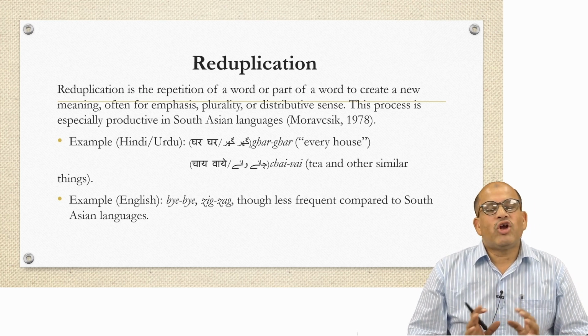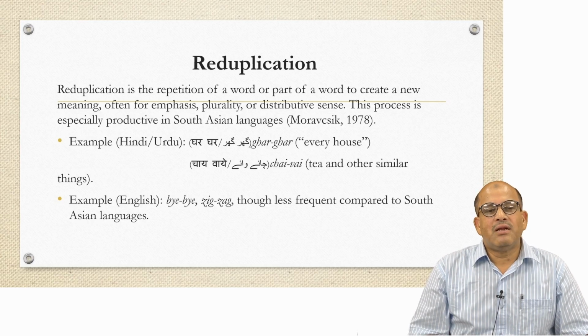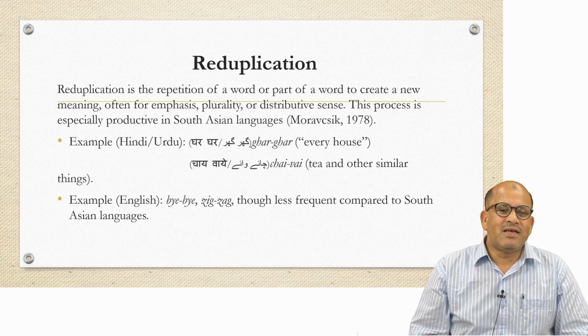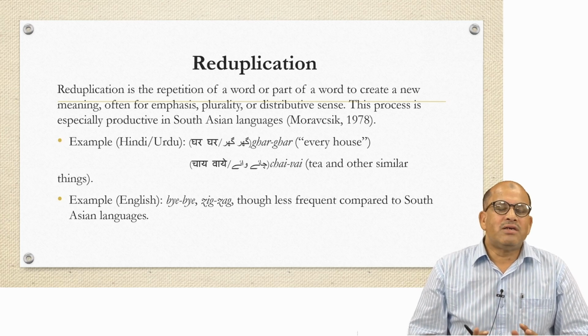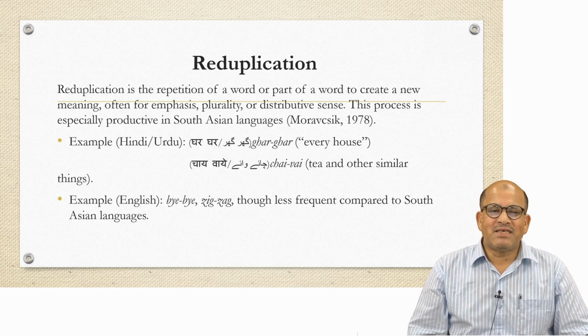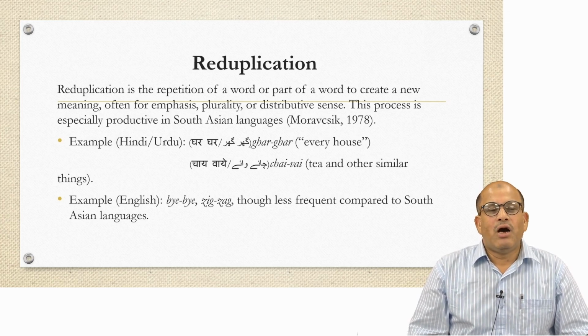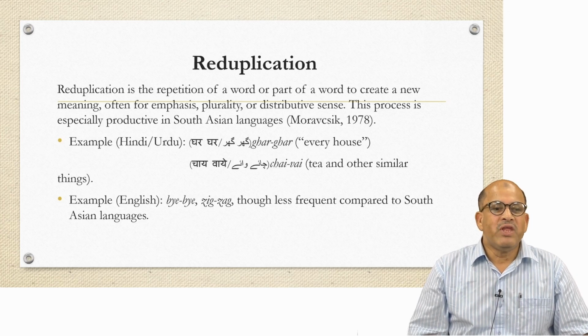Very common forms of this reduplication process in Hindi and Urdu are chalte chalte, daurte daurte, khate khate. These are all examples of complete reduplication. Chai vai, chai sai, nasta vasta, khana wana are all partial reduplication, very, very common in South Asian languages.